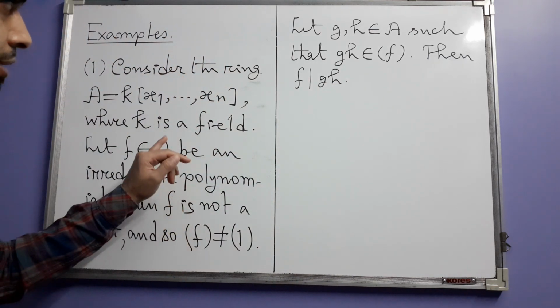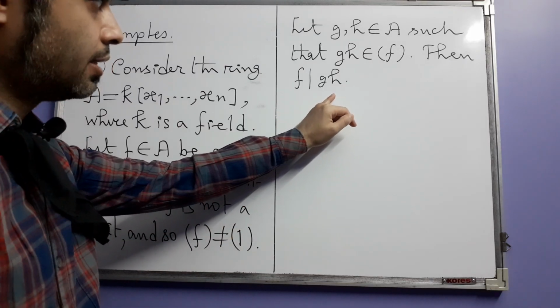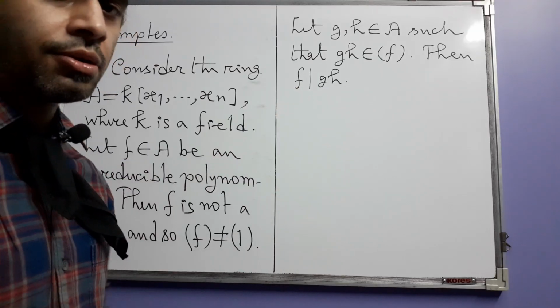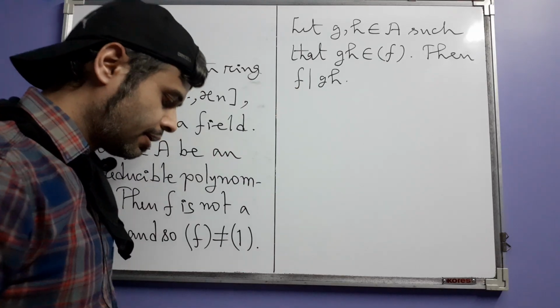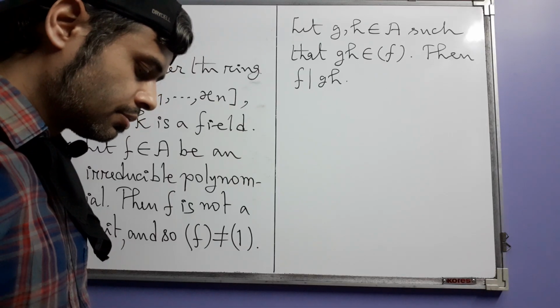Now since F is irreducible and F divides GH, by a result from Herstein, F will either divide G or H, and that exact result is the corollary.